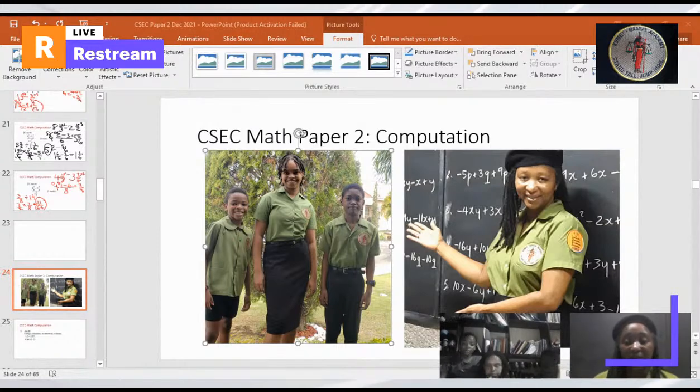These are the basic skills that some persons take for granted, but we know better than to take that for granted. These are the foundational skills, and if you don't have that solid base, you will have nothing to build on. So we're going to be practicing our computation and making sure that we are solid in that area.